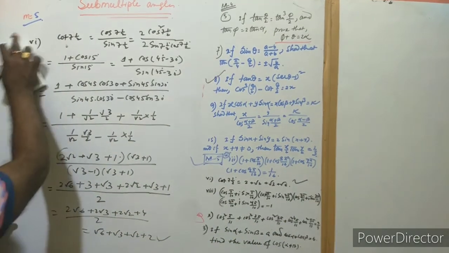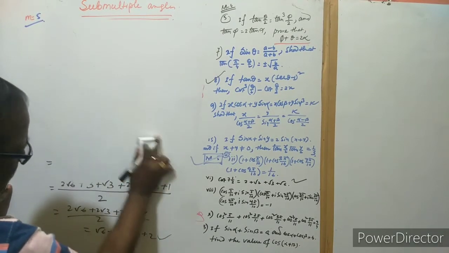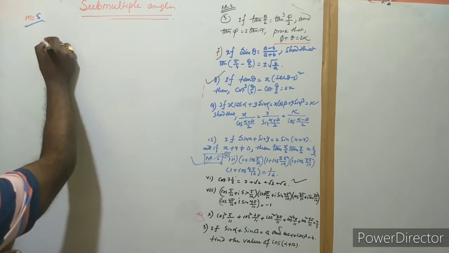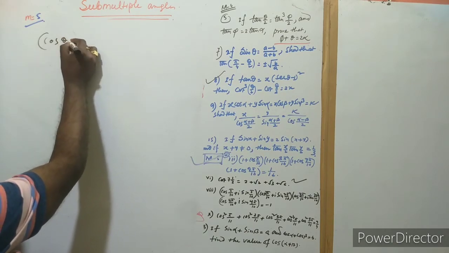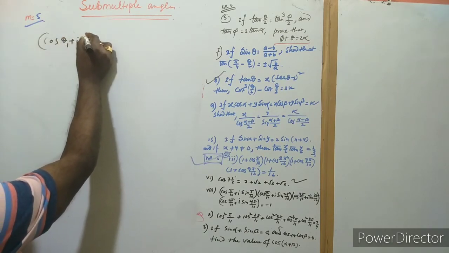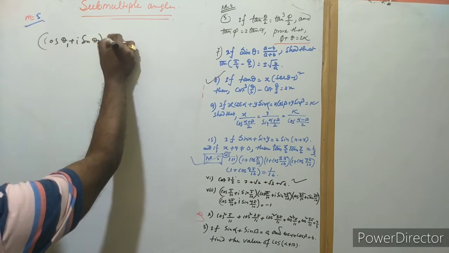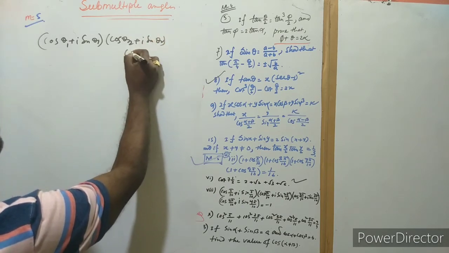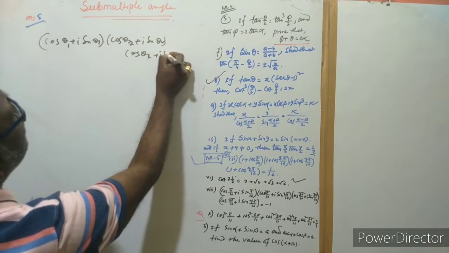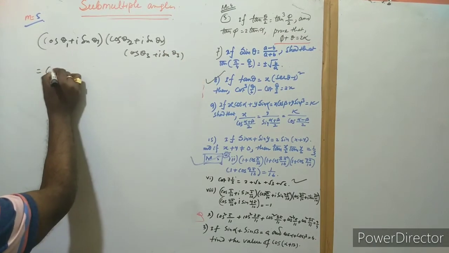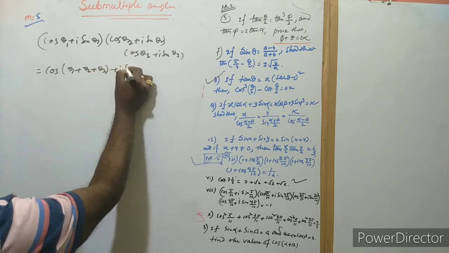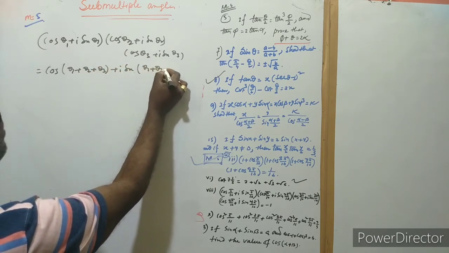So I go to question number 8 actually. In my chapter on complex numbers, there was some discussion like this, and it also gives a proof. If we have cos theta 1 plus i sin theta 1, cos theta 2 plus i sin theta 2, and cos theta 3 plus i sin theta 3, we can write the product as cos of (theta 1 plus theta 2 plus theta 3) plus i sin of (theta 1 plus theta 2 plus theta 3).